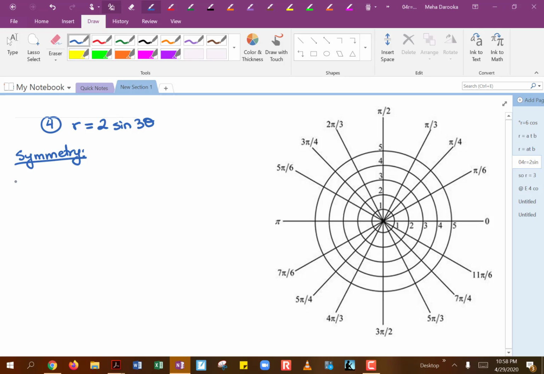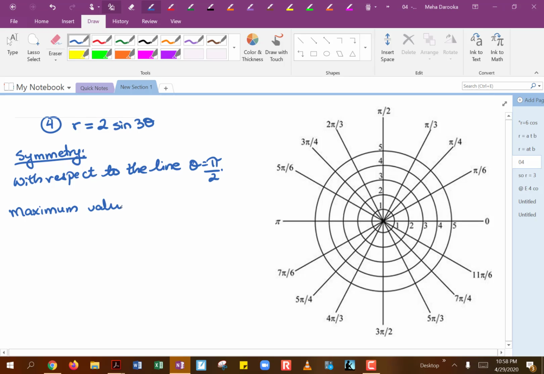This is a sine function, so we know our symmetry is going to be with respect to the line theta equals pi halves, our 90-degree angle line. Now let's figure out where our maximum values of the absolute value of r are going to be, and then where the zeros of our r values are also going to be.